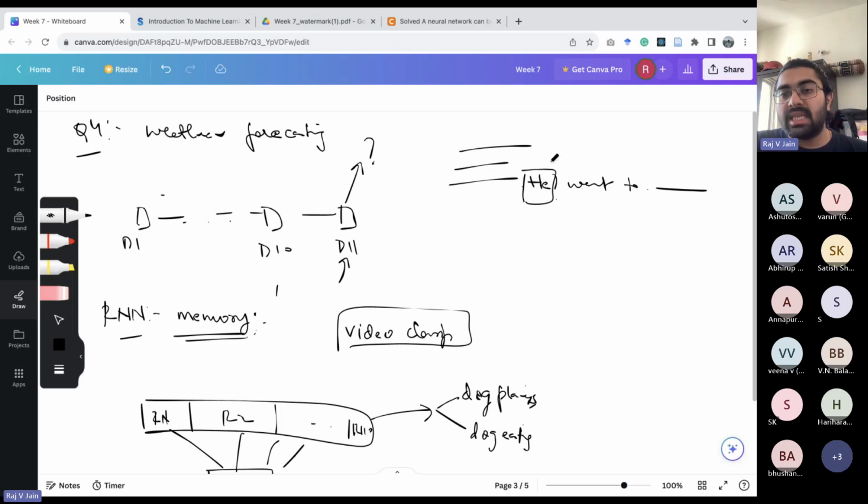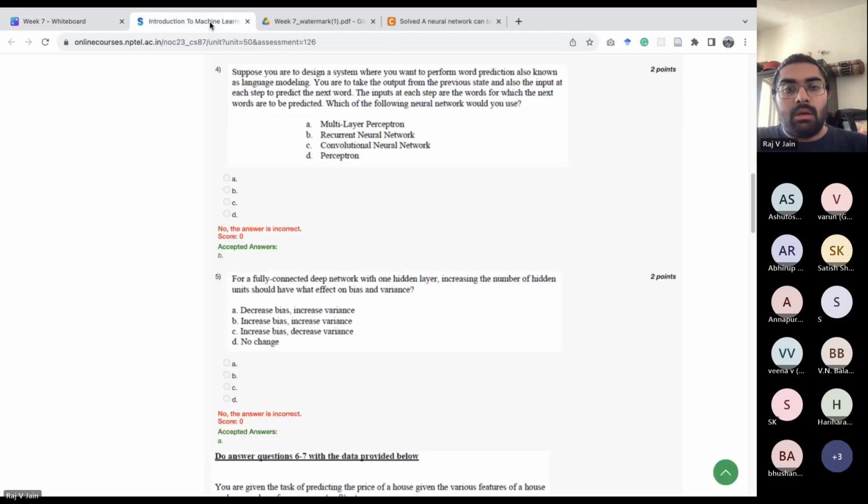This he refers to something that happened before. Therefore you need to remember something from earlier to be able to answer the question, who is this he? Who does this pronoun refer to? That is basically using memory, whatever you know till now, to make a judgment about what this could be. Hence, in such cases, we use RNNs.